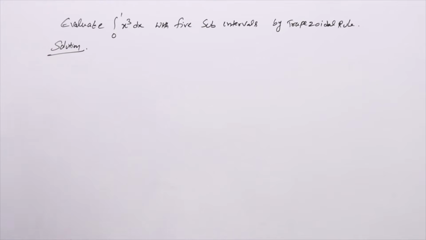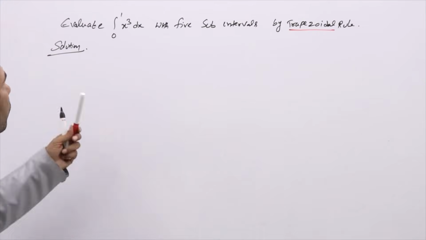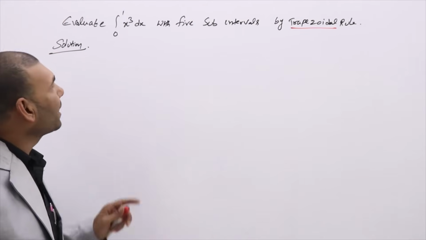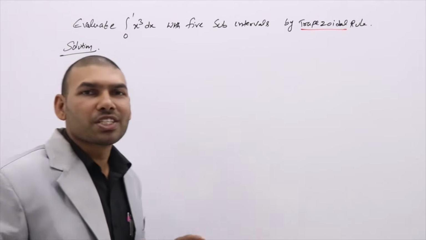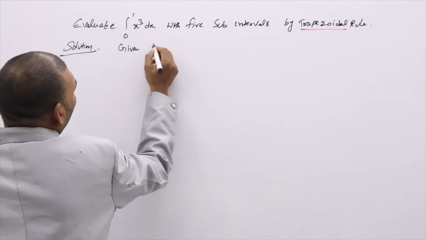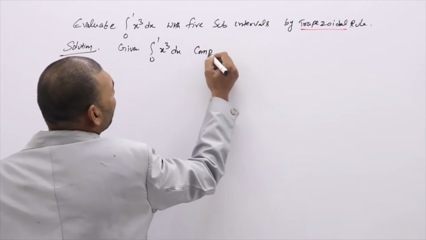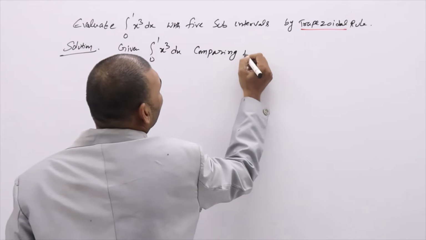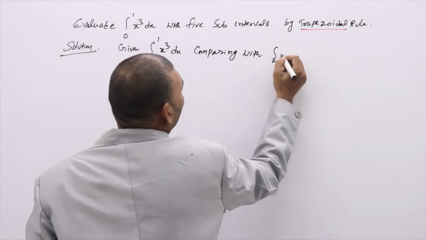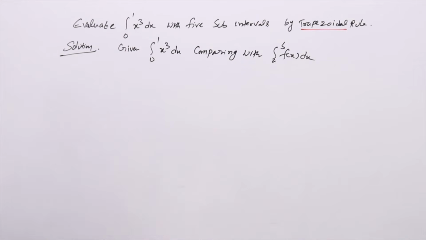Evaluate integral 0 to 1 x cube dx by trapezoidal rule. Using the trapezoidal rule, we need to evaluate the integral. If you want to evaluate using numerical methods, step 1 is to first write the given integral 0 to 1 x cube dx, comparing with integral a to b f of x dx.